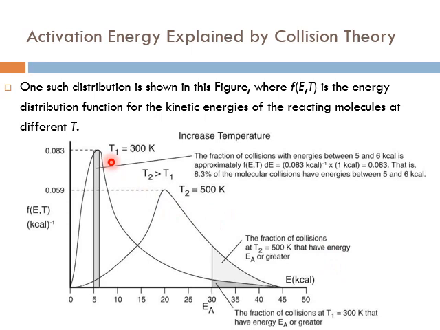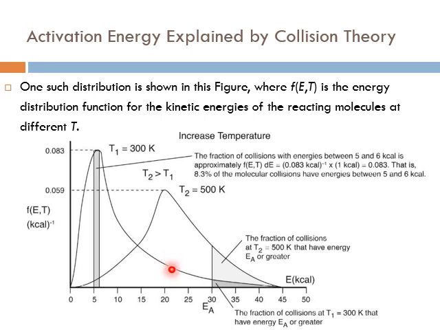Okay, let's increase the temperature of the system. Let's increase it to 500 Kelvin. You can see that the energy distribution now changes. Now the majority of the molecules have energy somewhere between 20 and 21 kilocalorie.